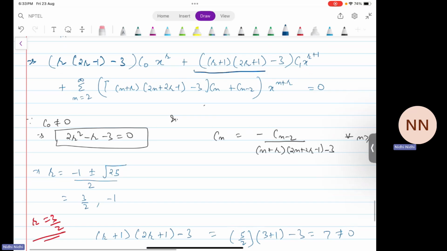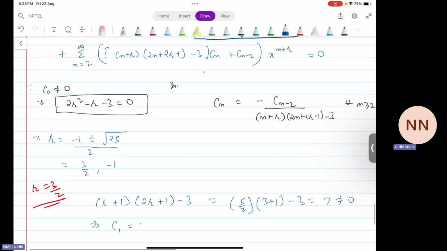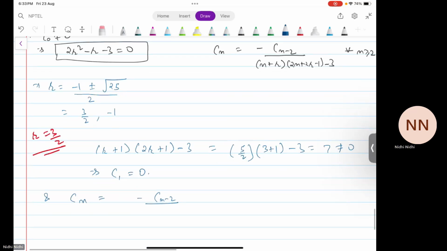Now this coefficient must be 0, because on the other side of the equation the coefficient of x to the power r plus 1 is 0. Since this part is non-zero, this gives us that c1 is 0, and cn is equal to minus cn minus 2 by, just putting the value of r to be 3 by 2, n plus 3 by 2 times 2n plus 3 minus 1 minus 3.